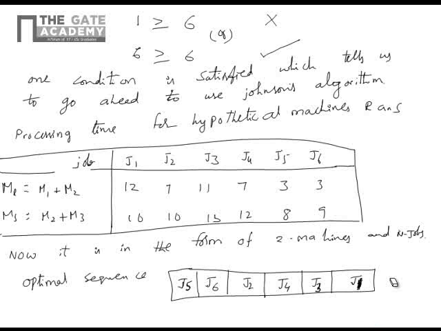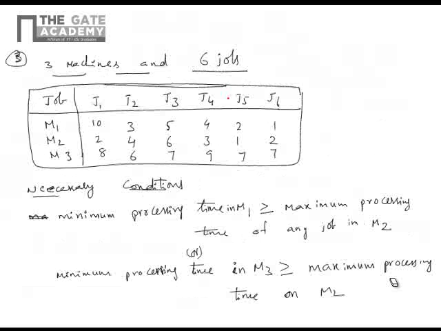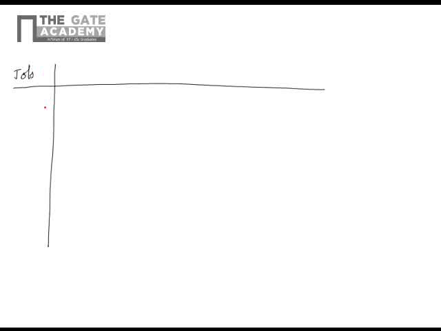Now I have to calculate the idle time or makespan time of the machine. So why do we need to convert the n machines into two machines n jobs? The objective is to find the sequence first. Once we got the sequence, we don't need the two machines n jobs.